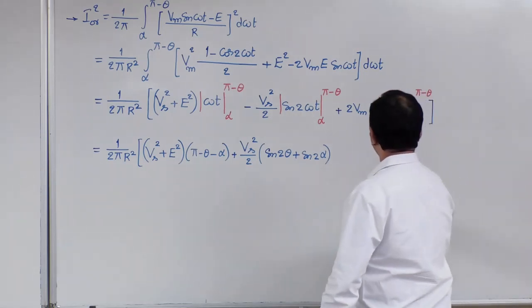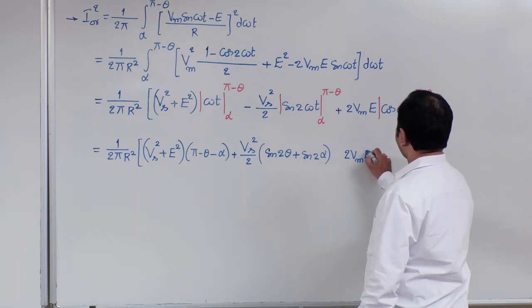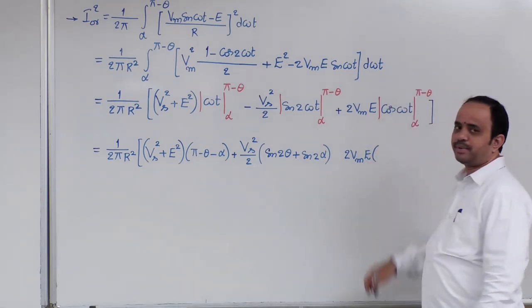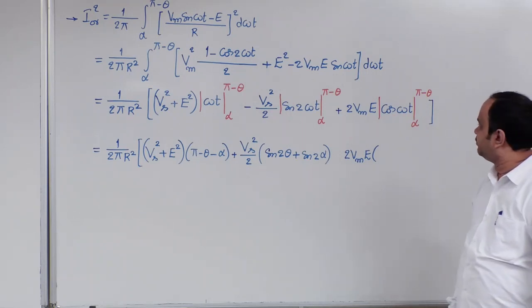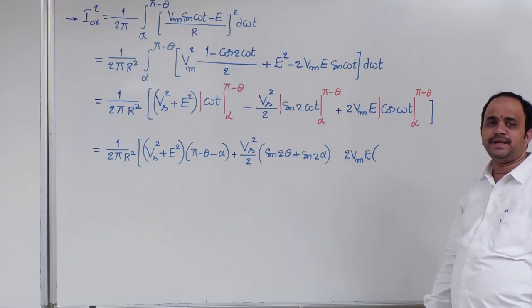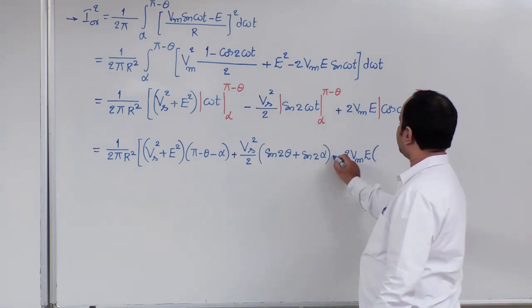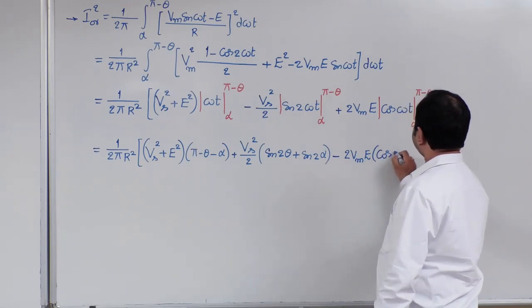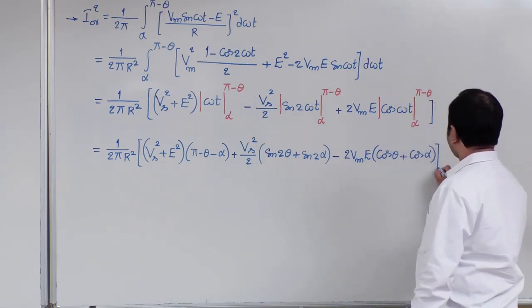Okay. Next, here 2Vm into E. Now, what is the upper limit? Cos pi minus theta, so it will give you minus cos theta. Lower limit minus cos alpha. So if you take minus common, this plus becomes minus. What should I write? Cos theta plus cos alpha.